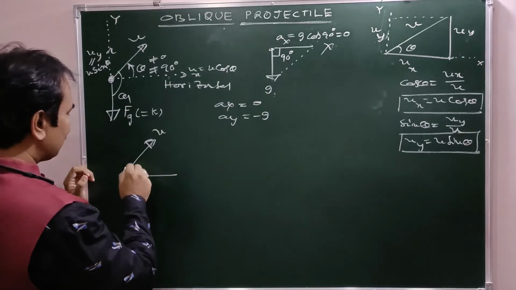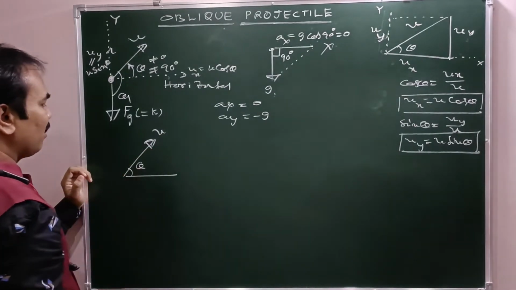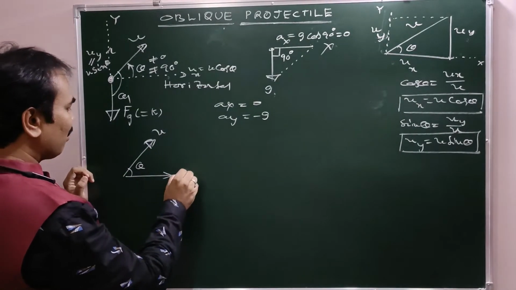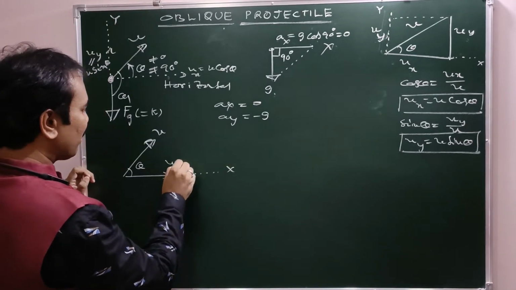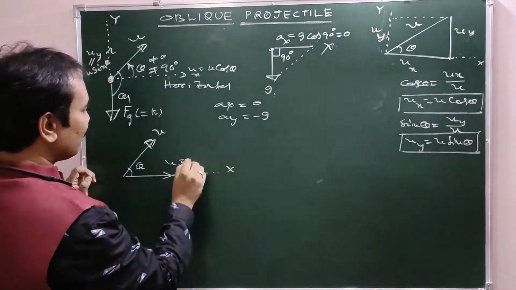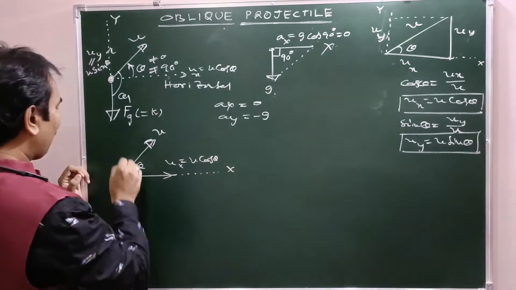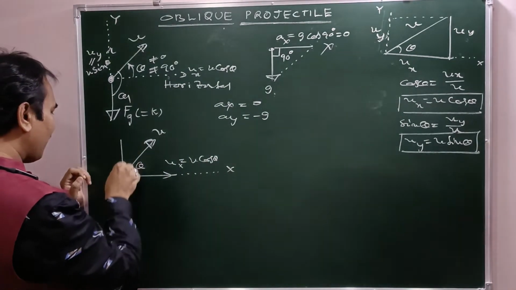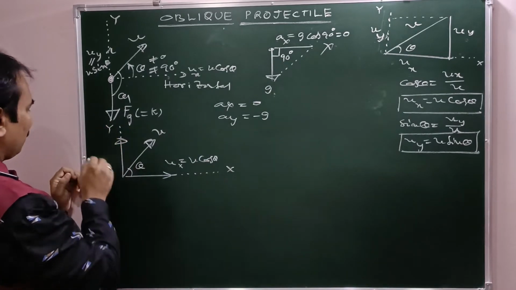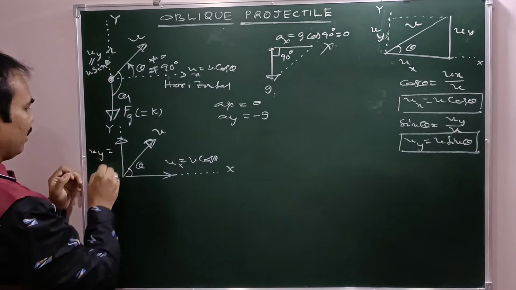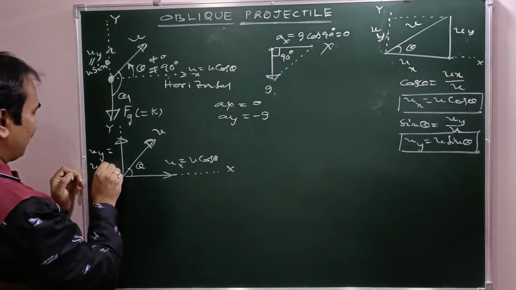Now see here, the body is projected like that, making an angle theta with horizontal. Along horizontal, along x-axis, the component ux is u cos theta. Along y-axis, uy equals u sin theta.